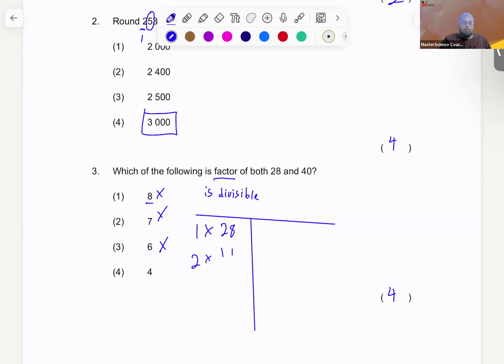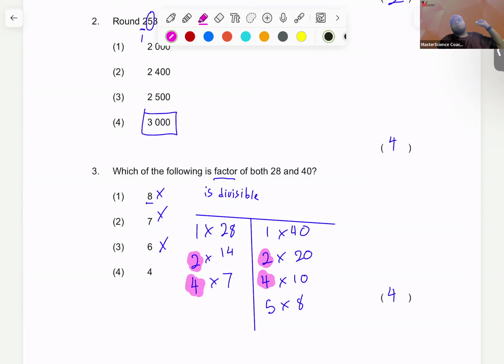And then for 40, I got 1 times 40, 2 times 20, 4 times 10, 5 times 8, right? And then I see the common factor is actually 2 and 4, and that's it. But I only have 4 in my options, right? That's why the answer is 4. Okay?